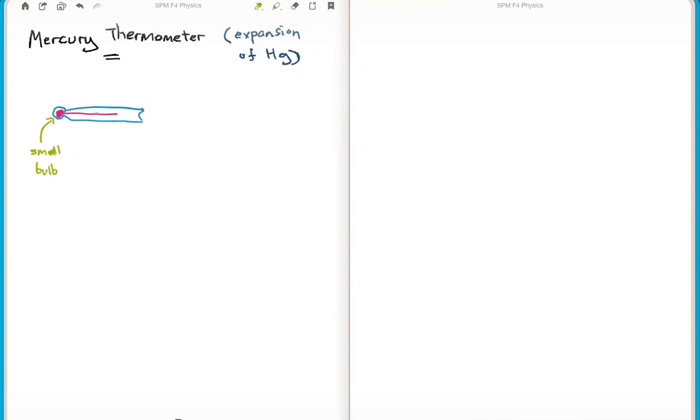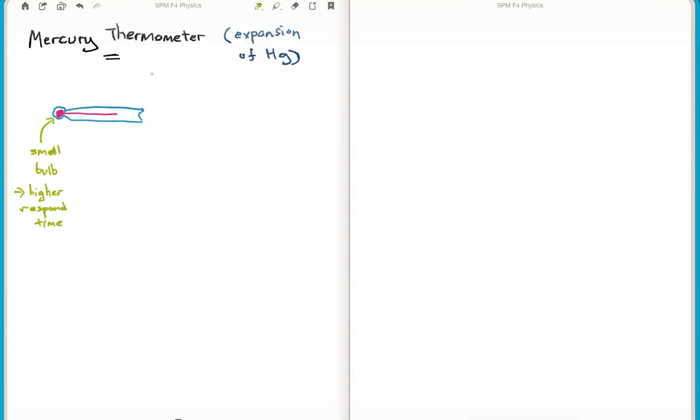So you don't want a big bulb but a small bulb. Less mercury absorbs heat, so shorter response time. Why a small bulb? Because the response time is faster, more sensitive, and you start to see the increase.